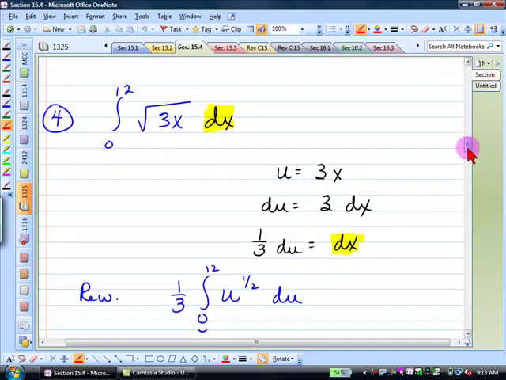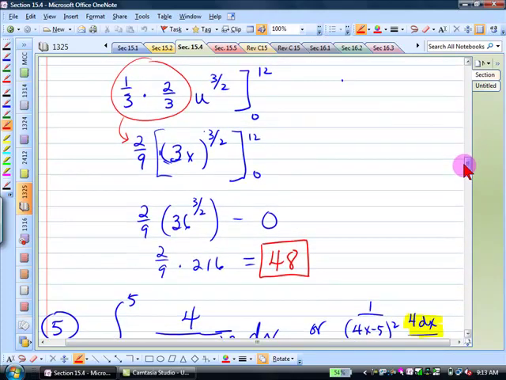We should get 48. We need to practice enough so that you're able to do it on the calculator and get 48. Be sure you close the parentheses after 3x, whatever we had in there.